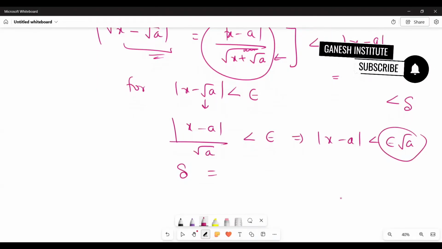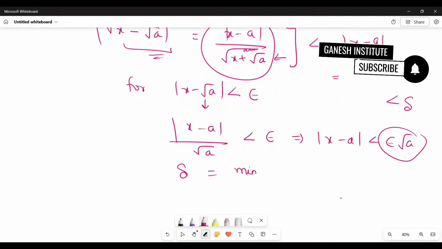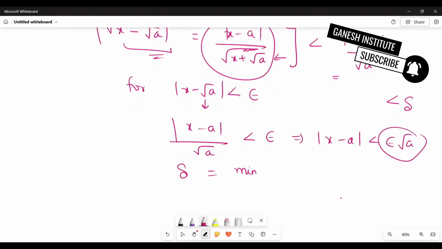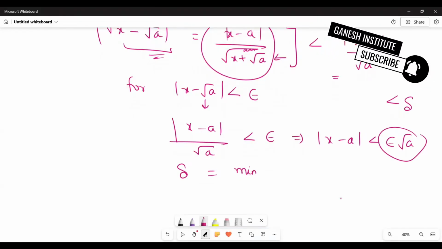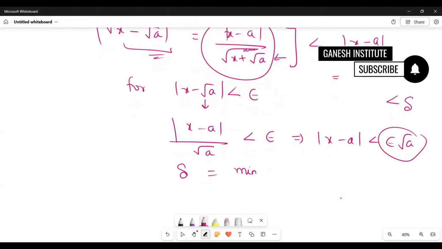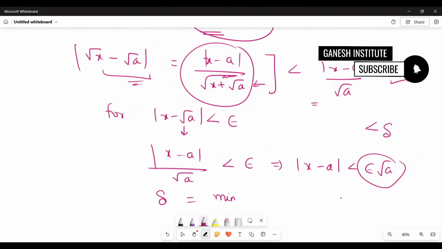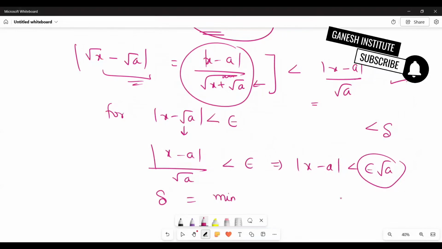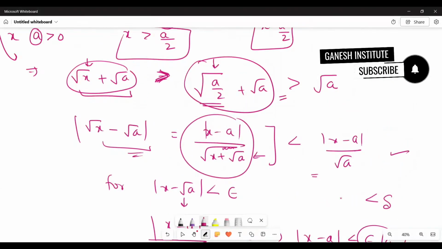But in the step before, when you have the absolute value of x minus a divided by root x plus root a is less than the absolute value of x minus a divided by root a, where did the root x go? So basically, I brought this from here. Am I audible?